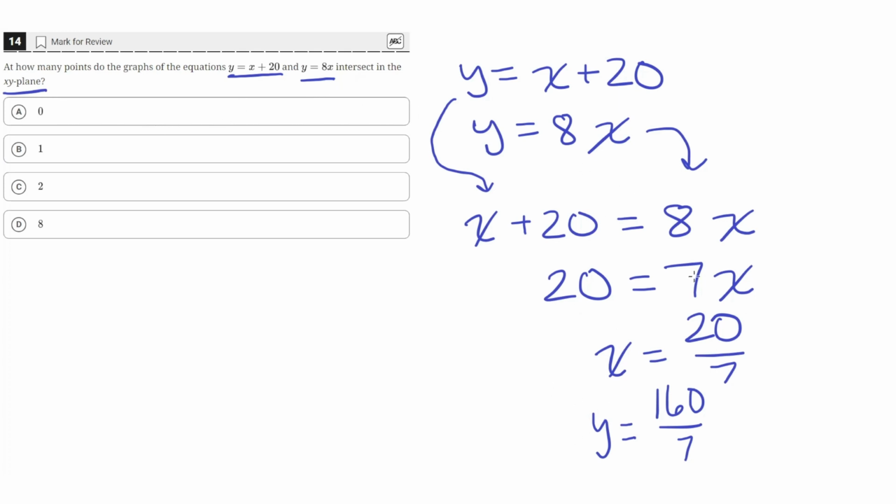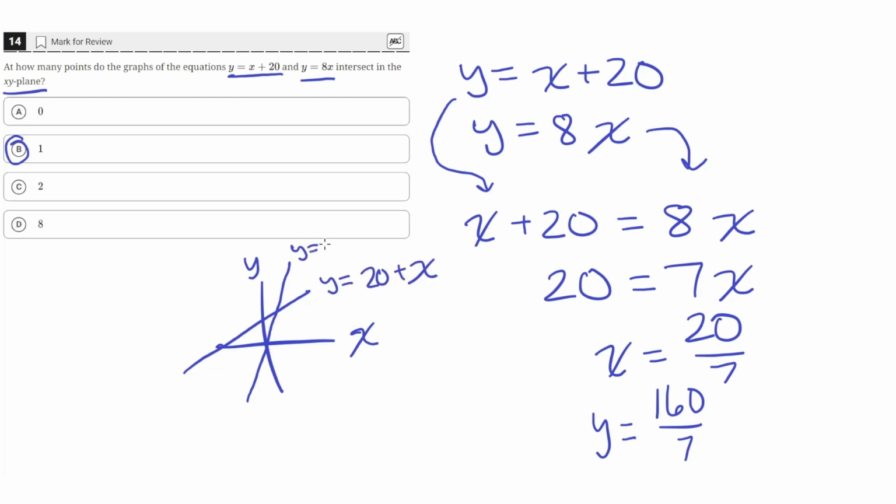And since that's only one intersection point that we found, these two equations only intersect at one point, which makes sense because these two equations are the equations of lines, and lines on a plane can only intersect at one point. If this was the xy plane, these two equations would look something like this. And it would only be possible for them to intersect at one point or not intersect at all.